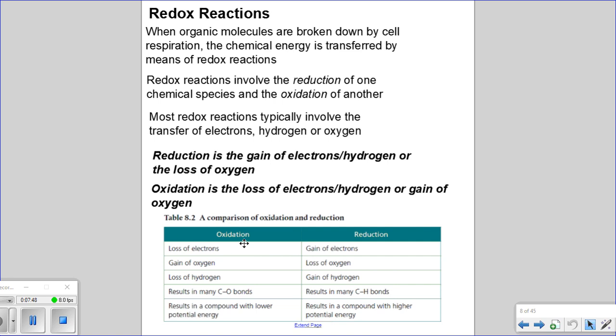So if that thing is losing electrons, something else is going to be gaining electrons. If it's oxygen that's involved, in oxidation it's a gain of oxygen atoms, and those oxygen atoms have to come from somewhere. They come from the molecule that is being reduced. So that molecule will lose electrons. Same thing with hydrogens as well.